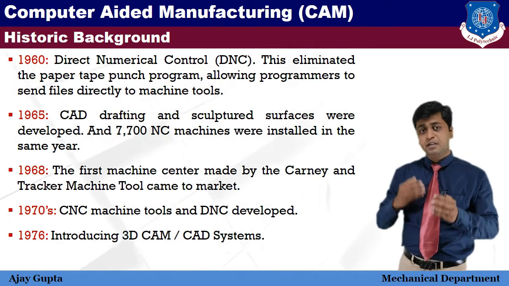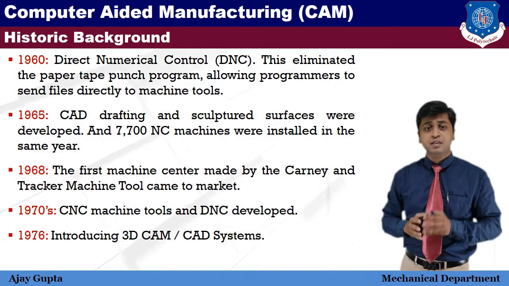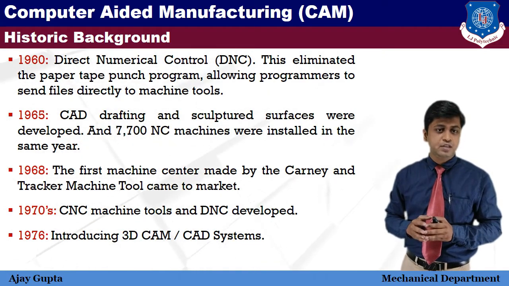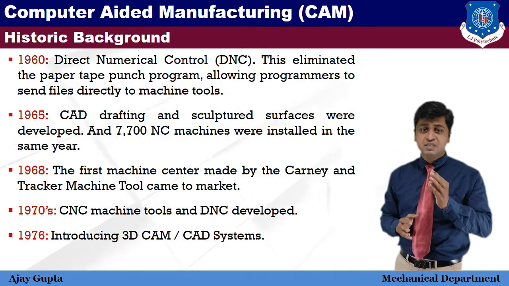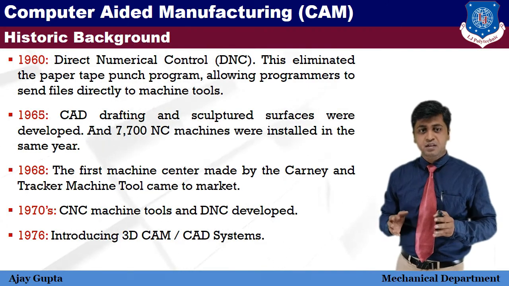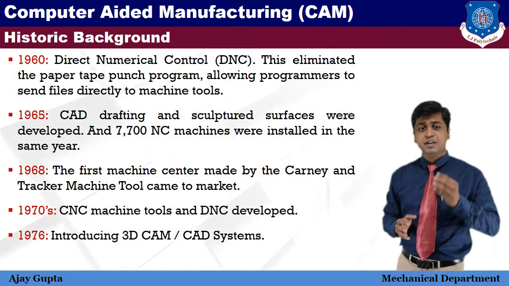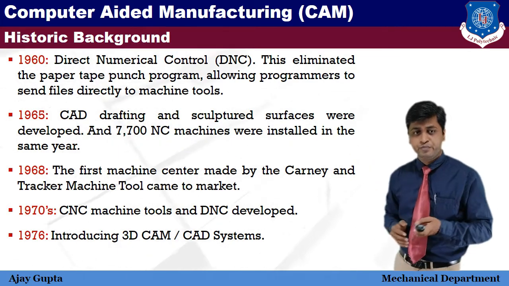Then again development occurred, and in 1965 CAD drafting and sculptured surfaces were developed, and 7700 NC machines were installed in the same year. Then development went on further in 1968, the 1970s and 1976.